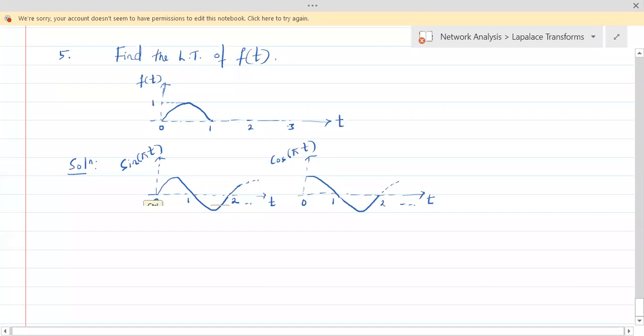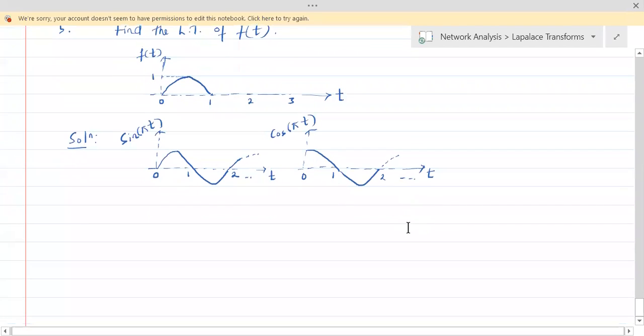Now see the difference. Suppose I have a sinusoidal signal like this. Instead of writing 1, 2, I'll write pi, 2 pi, 3 pi, and things like this.